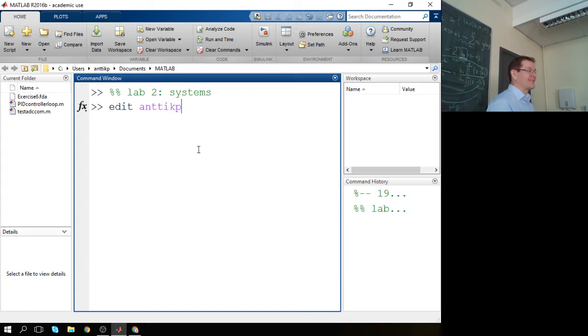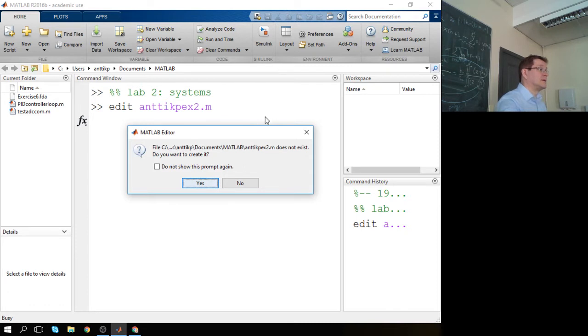So that's my login ID, and then I will just make here exercise 2 or something like that .m. M files are the MATLAB script files or function files. And there's nothing fancy. Okay, yes, I want to create it.